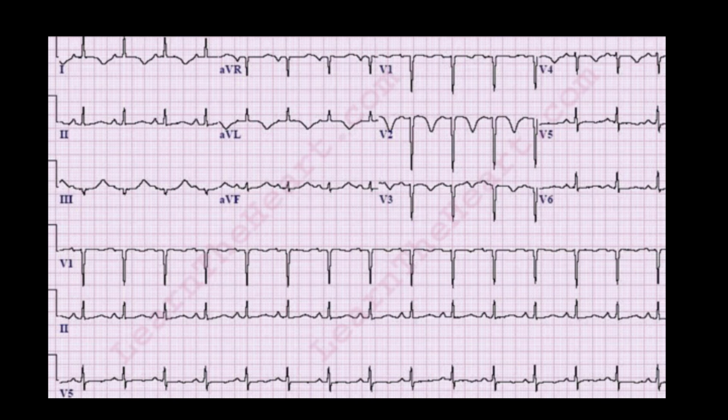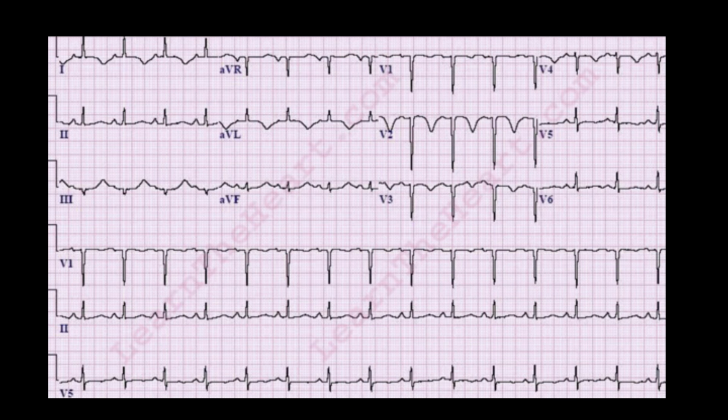So what you'll notice is that the QT appears prolonged in this ECG. So some things that you need to be thinking of in the unconscious patient who you've just obtained an ECG from looks tachyarrhythmic with prolonged QT.